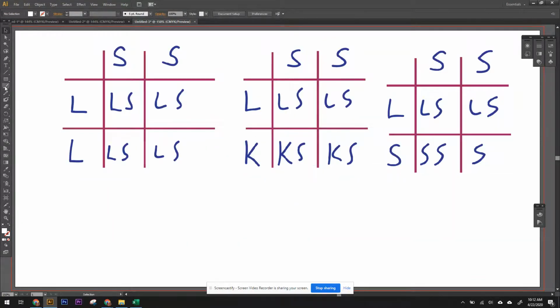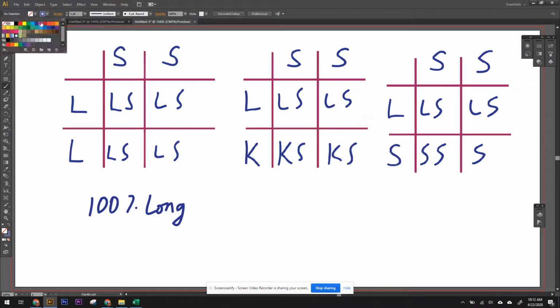So, if the mother drake had this genotype, long long, then we would expect the offspring of this cross to be 100% long-tailed. And that's because they all have at least one dominant allele for the long trait. So that's masking all of the alleles they have for the short trait.